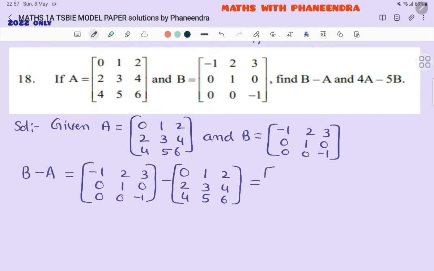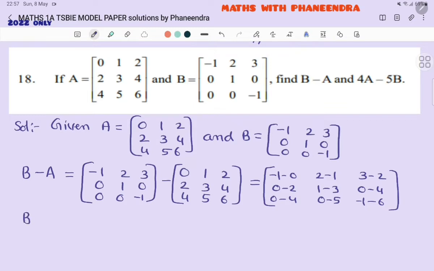So corresponding elements you have to subtract. Minus 1 minus 0, 2 minus 1, 3 minus 2. So 0 minus 2, 1 minus 3, 0 minus 4. So 0 minus 4, 0 minus 5, minus 1 minus 6.